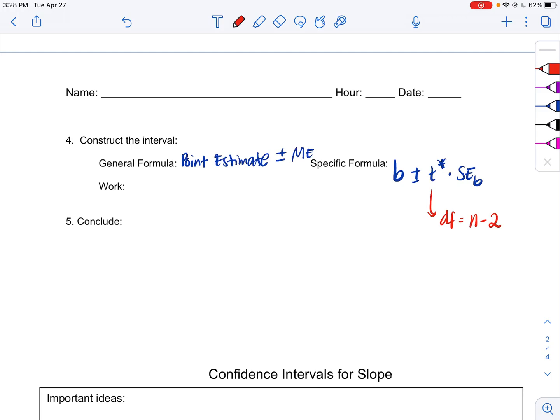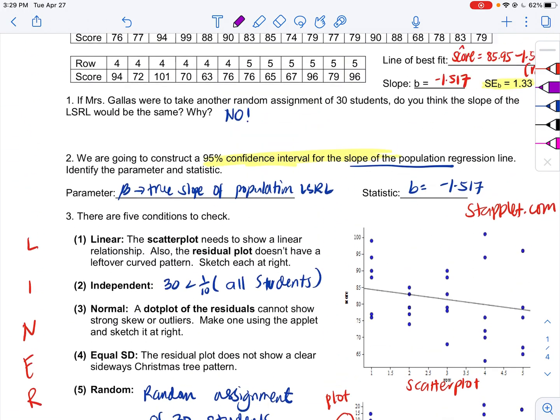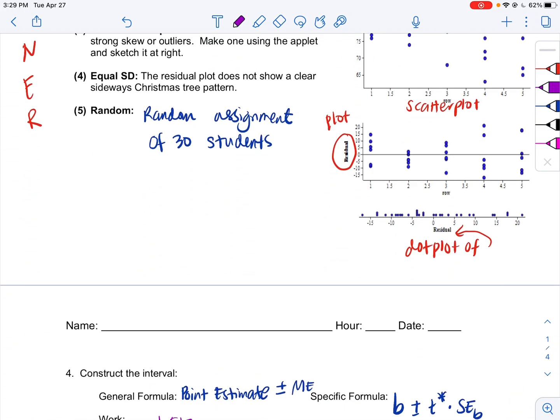Our b, which is our sample slope, is negative 1.517 plus and minus. My DF would be n minus 2, 30 minus 2, DF of 28. So I'm going to go to my table B, and get DF of 28 and a 95% confidence level, because we are given 95 all the way up here.